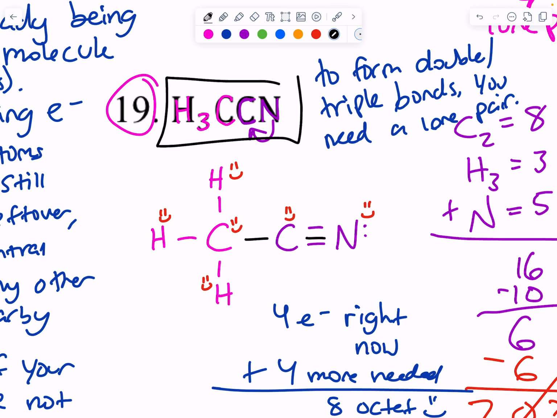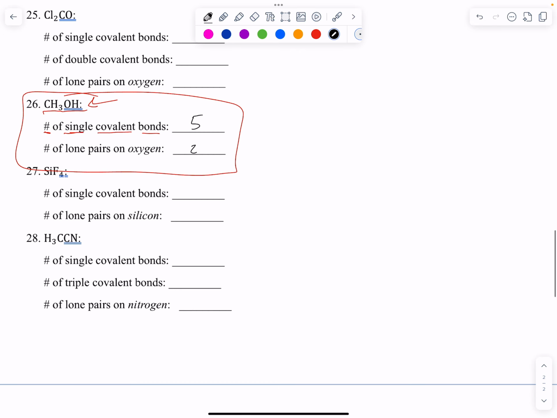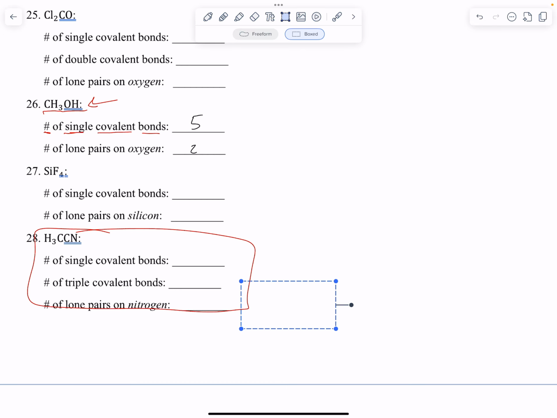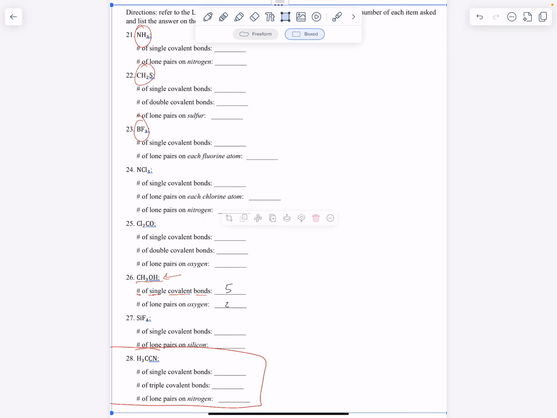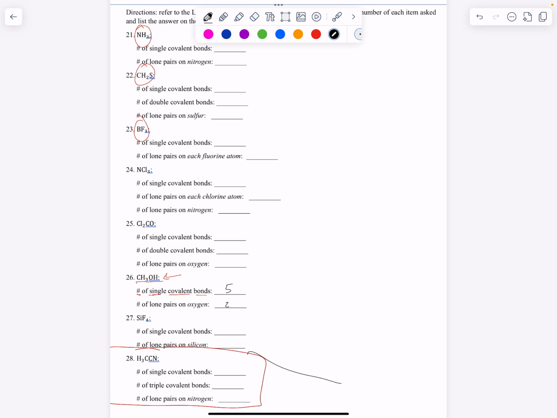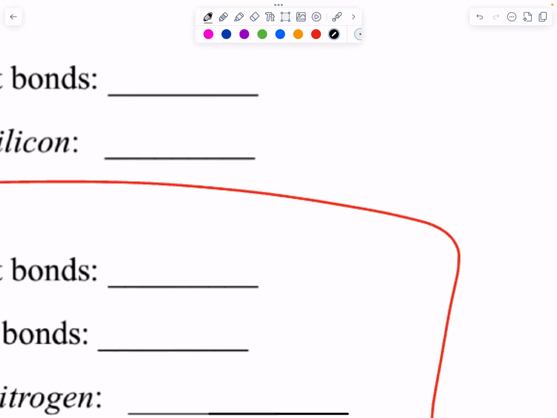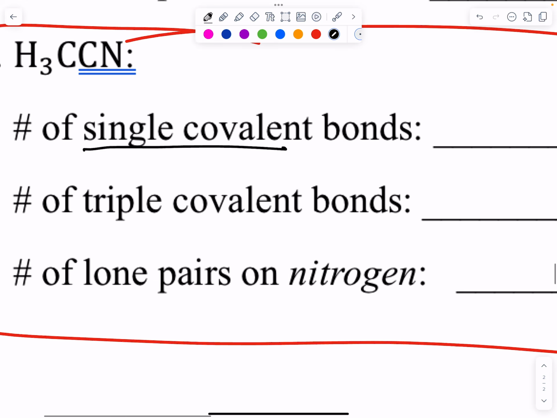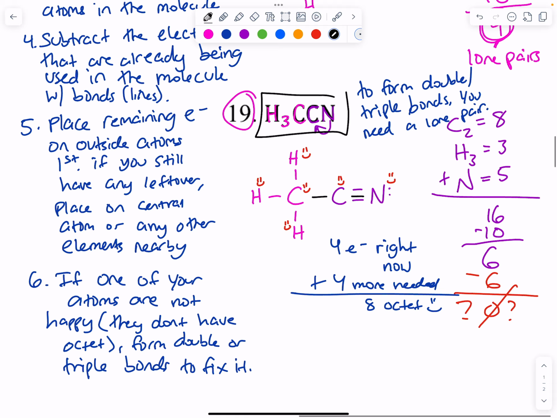This is H3CCN. So let's go find H3CCN right over here. Now it wants us to count the number of single covalent bonds in the molecule, as well as triple bonds and lone pairs. So let's go back to our molecule. We're trying to find single covalent bonds.